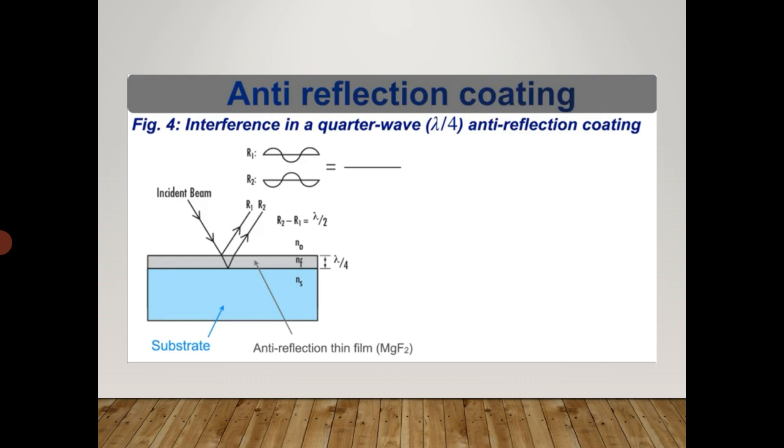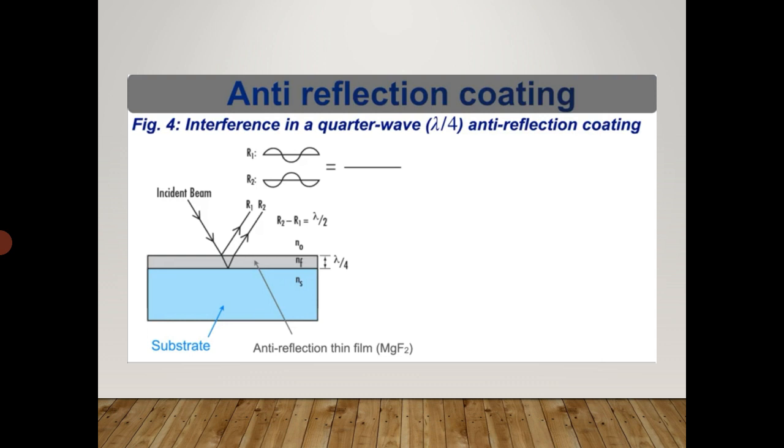When light falls on the camera, it gets reflected from the upper and lower surface of the anti-reflecting coating as shown in the figure. Ray R1 is reflected from the surface of the coating, and ray R2 is reflected from the surface of the lens.